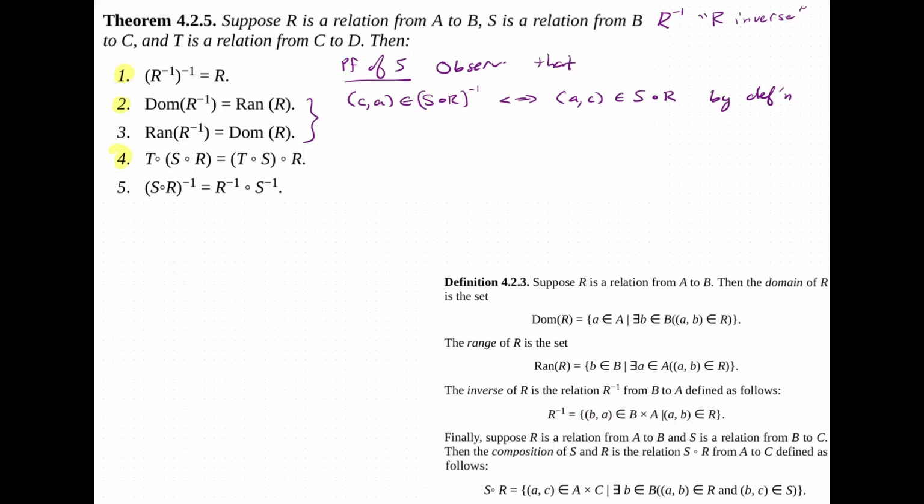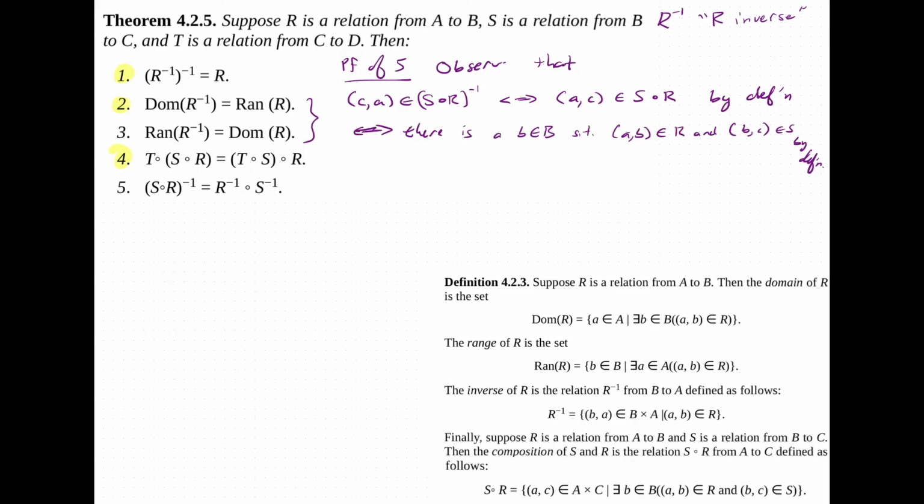Okay, so the next step is to use the definition of what it means to be in a composition, and that means that there is some B. By definition there is some B in B such that A, B is in the relation R and B, C is in the relation S. Again this is by definition of composition.